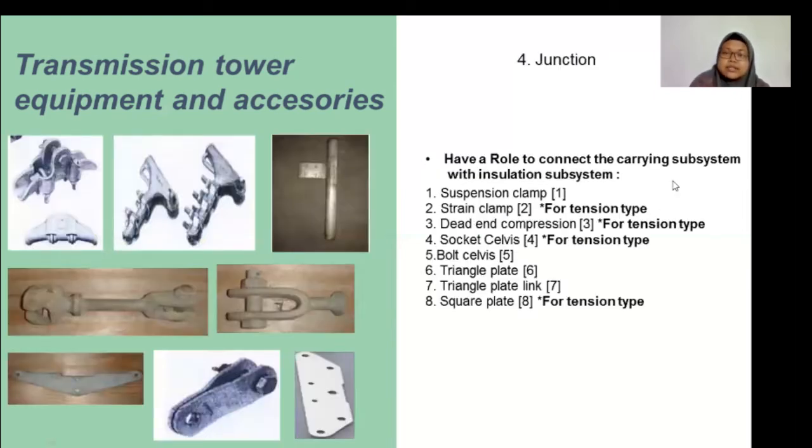Okay, next. Number 4 is junction function. Junction is used to connect the current carrying, insulation, and also structure subsystems. As a rule, junction is divided, first, to have a role to connect the carrying subsystem with the insulation subsystem.